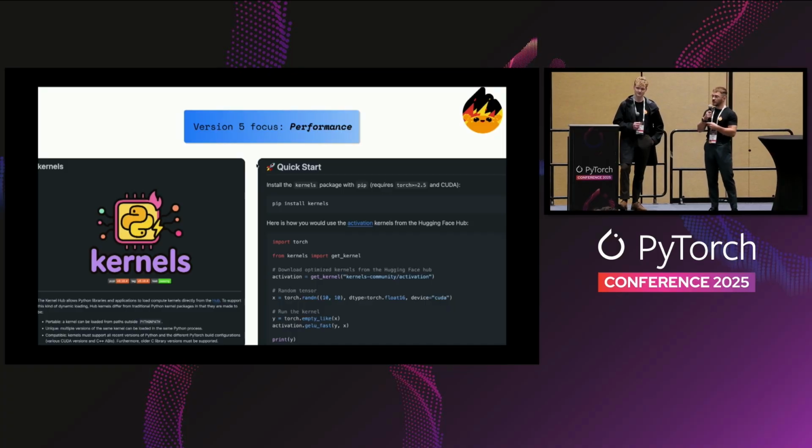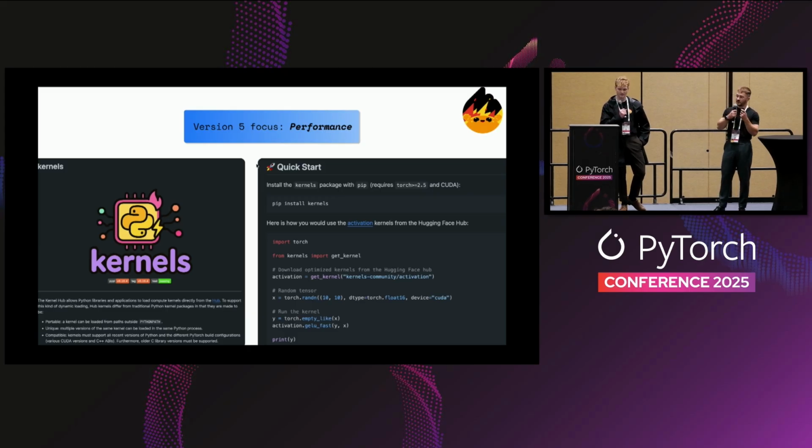Those kernels are pre-compiled and uploaded to the Hugging Face Hub and can be used as shown on the right side with the quick start. This allows using pre-compiled kernels on specific hardware, for example AMD GPUs, NVIDIA GPUs, but also Intel XPU and Gaudi engines, with much better performance than if we were just using Torch Eager.